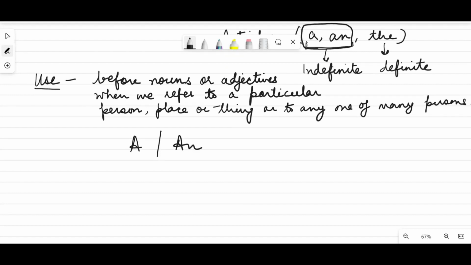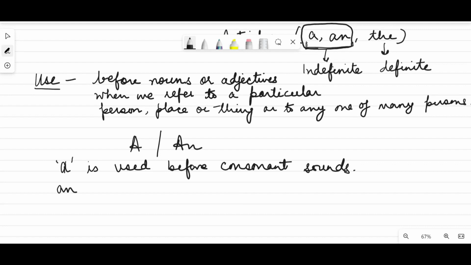So a is used before consonant sounds. This I have already discussed with you. Before consonant sounds, other than vowel sounds. So let's talk about an, and an is used before vowel sounds.